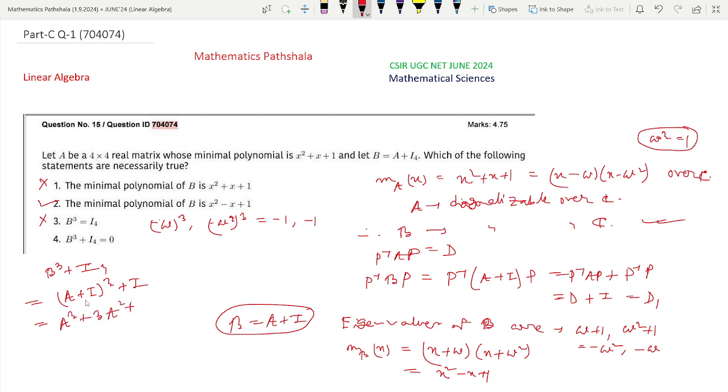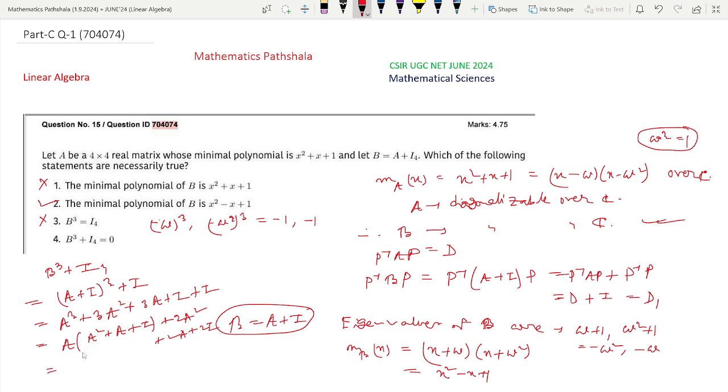This is not the formula of A plus B whole cube, simply just using distributive law repeatedly we get this: 3A square plus 3A plus I. So if we take common A, then we get A square plus A plus I, plus also 2A square plus 2A plus 2I.